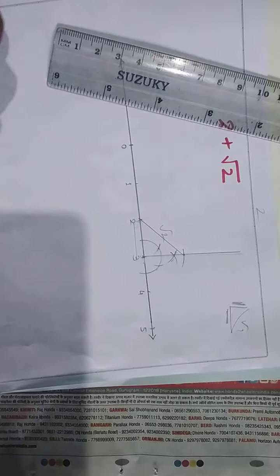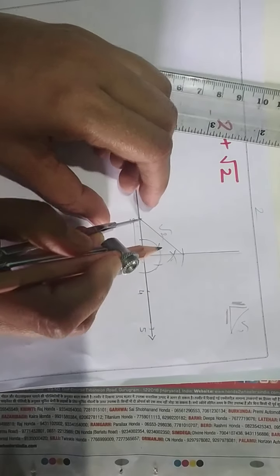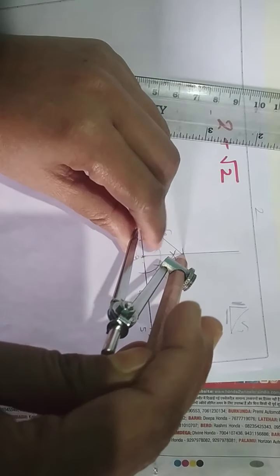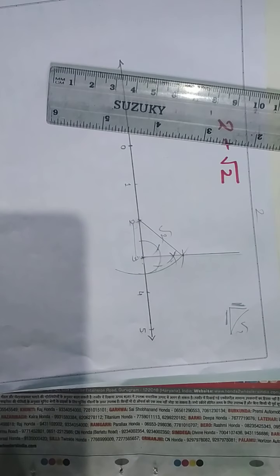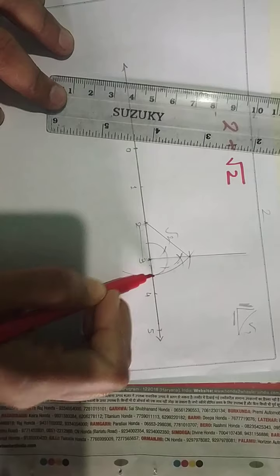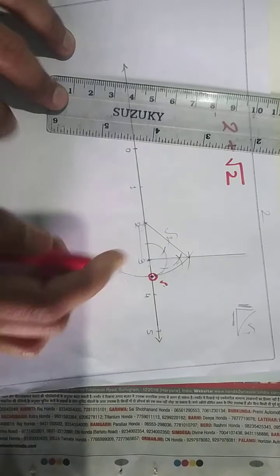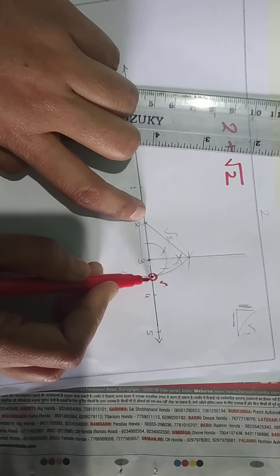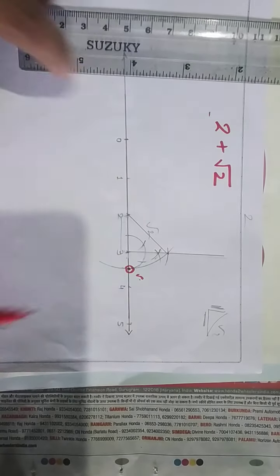Under root 2. Now under root 2 we have to plot on the number line also. For this we need to measure this distance and draw an arc with this radius on the number line. This arc intersects the number line at this point. This is root 2 from here to here. But from 0 to this point is 2 plus root 2.